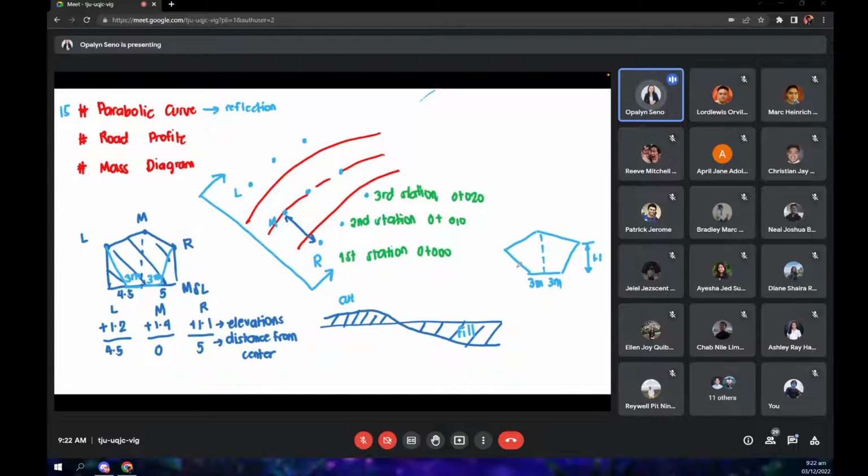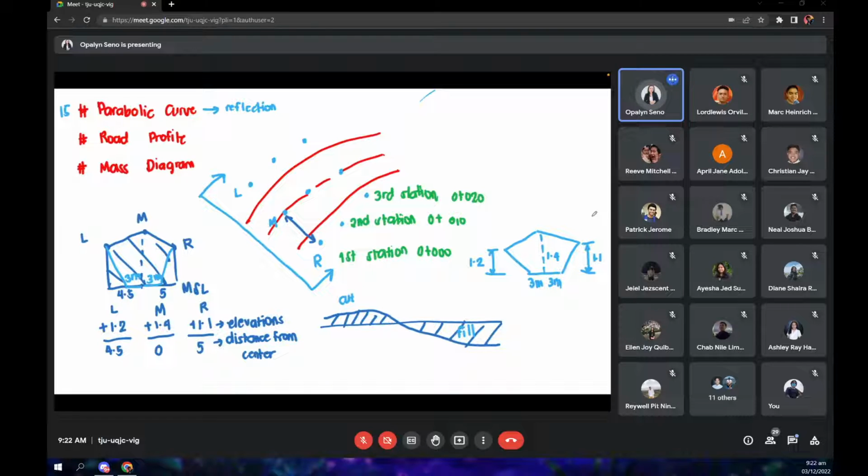So 1.1 meter, and then here, let's say this is 1.2. Your elevation in the middle is 1.4, which is what you got. Let's say that is just an example.